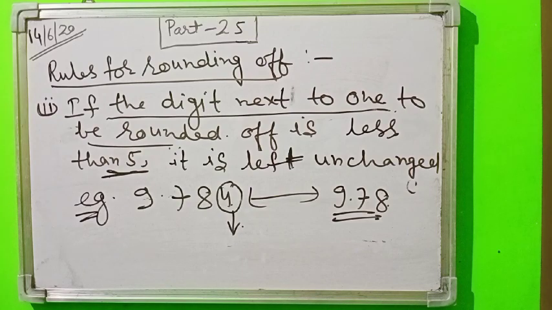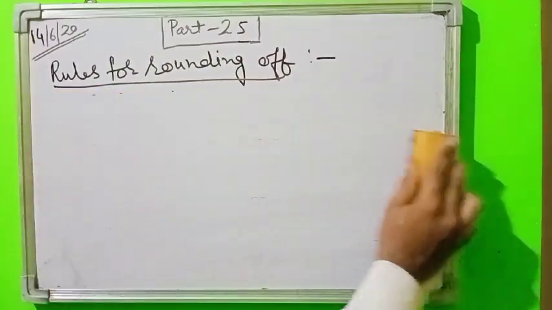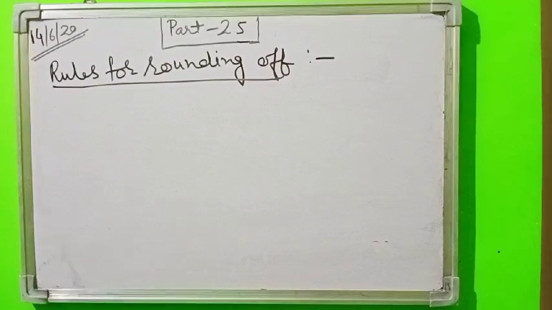Now the third case which arises: if the digit which should be discarded is neither greater than 5 nor less than 5, it is exactly 5.